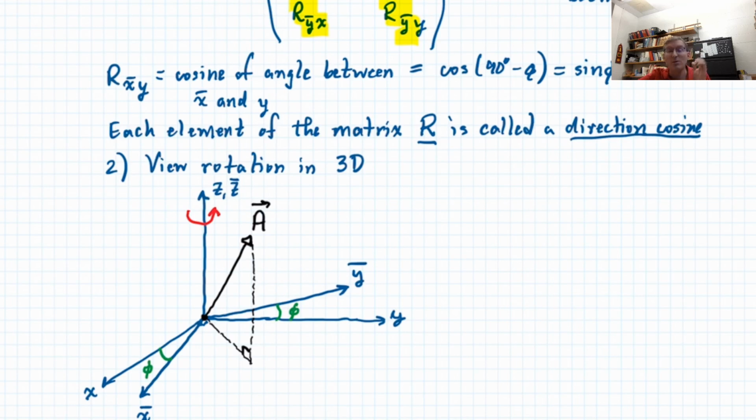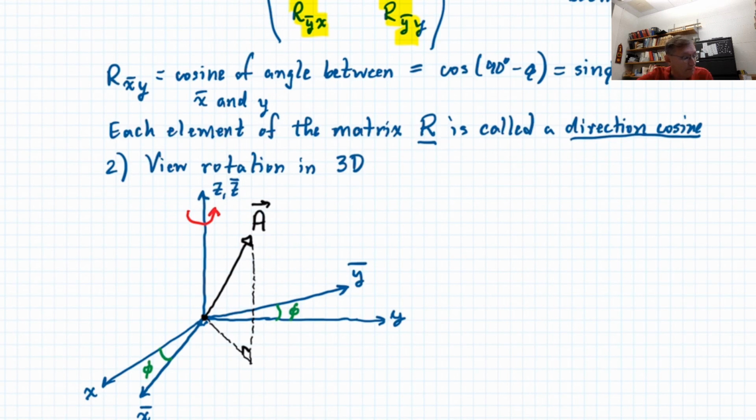You take all possible combinations: r x bar x, r x bar y, r x bar z, that's the first row; r y bar x, r y bar y, r y bar z, that's the second row; r z bar x, r z bar y, r z bar z, third row. Okay? And I contend that it's pretty easy to write down all 9 of those direction cosines from this picture.